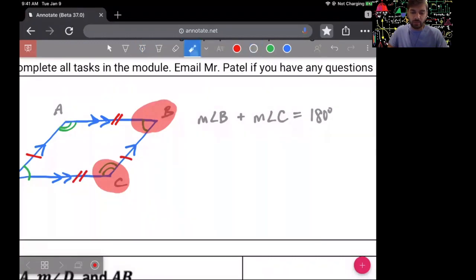And the same goes for A and B or A and D or D and C, they're always going to equal 180.